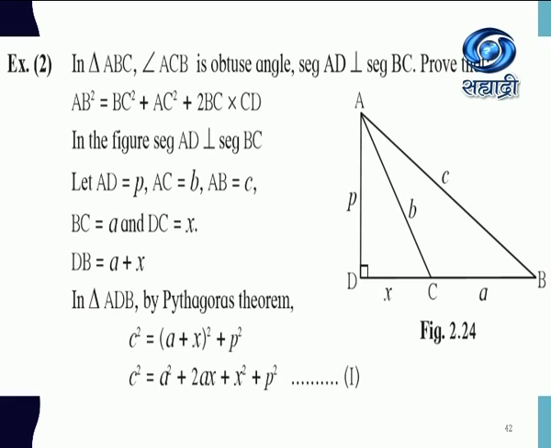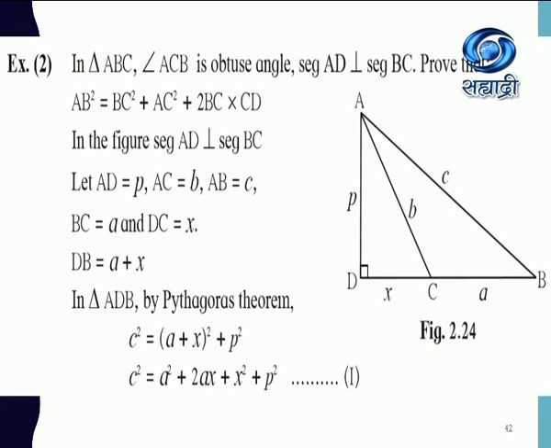Using Pythagoras theorem, as it is a perpendicular, it makes 90 degrees. So here, when angle D is 90, AB is the hypotenuse. So c square will be equal to p square plus (a plus x) whole square. Or you can say c square is equal to (a plus x) whole square plus p square.